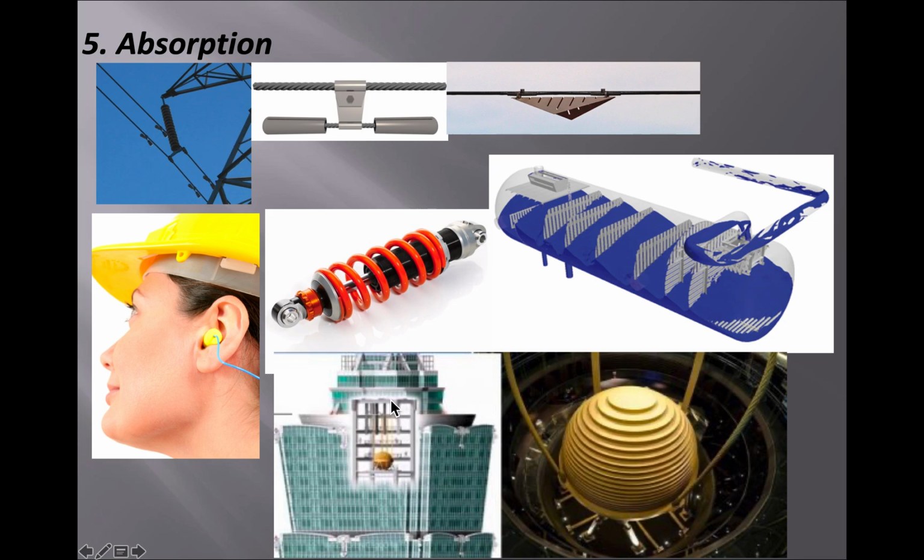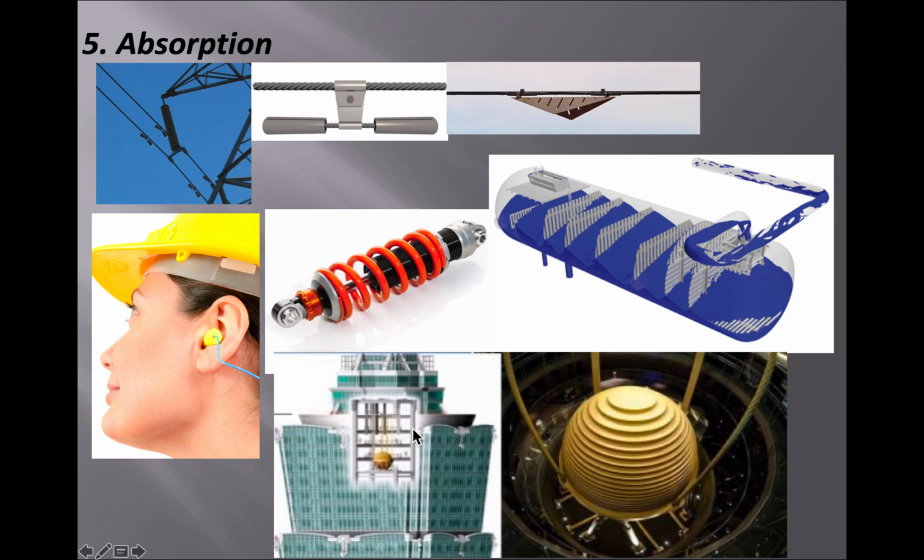This is a tower, I'm not sure which country, but it's in an area that's very prone to earthquakes. Within this, they have this ball that sits inside of here. And this is a picture of that ball. So in the event of an earthquake, as the building is rocking side to side, this ball dampens out the vibrations of the building and will help protect the building from collapsing due to an earthquake.